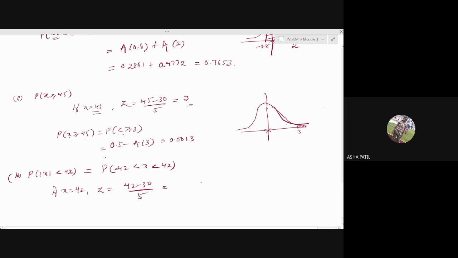How much do you get? 2.4. Now we write the probability that X lies between plus 42 and minus 42, which means Z lies between plus 2.4 and minus 2.4.